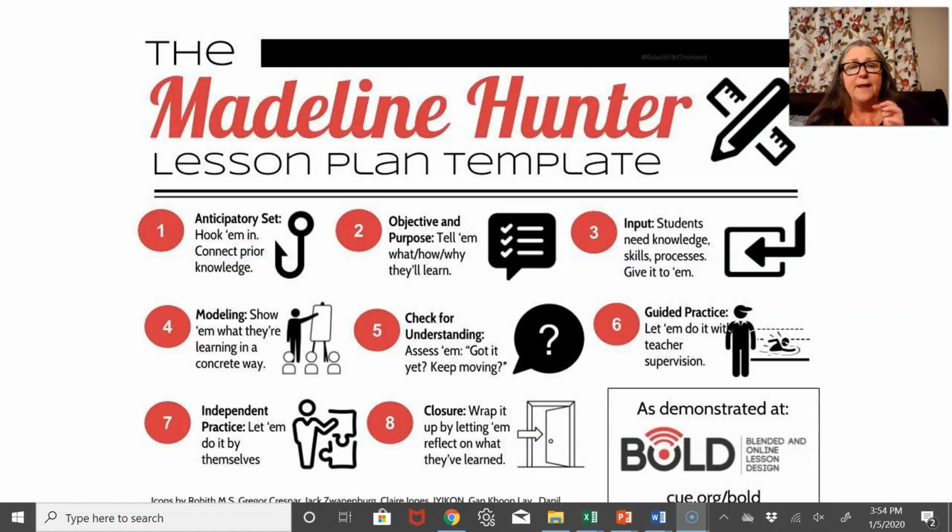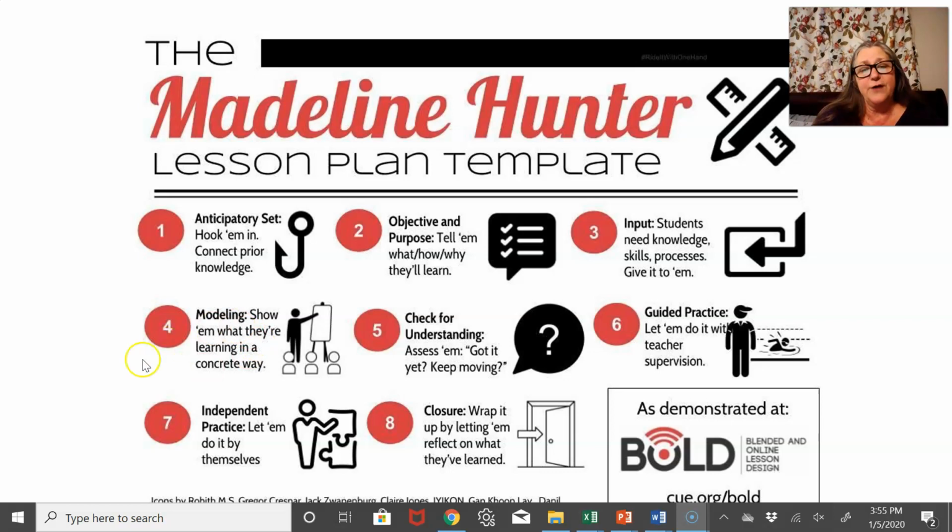And then you would, of course, talk about your objective and your purpose. The input step is where you actually teach them the knowledge or the skills, and so you give it to them. Then you're going to model. So let's say, for instance, there's a specific way that you want them to show their learning, then you might model that.